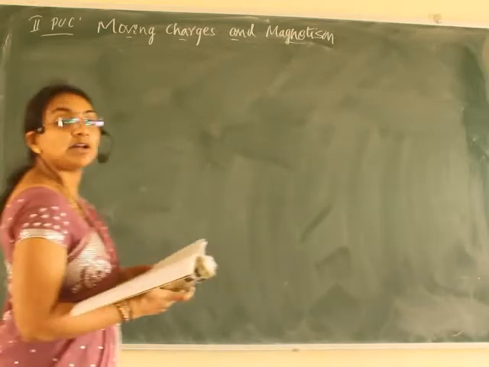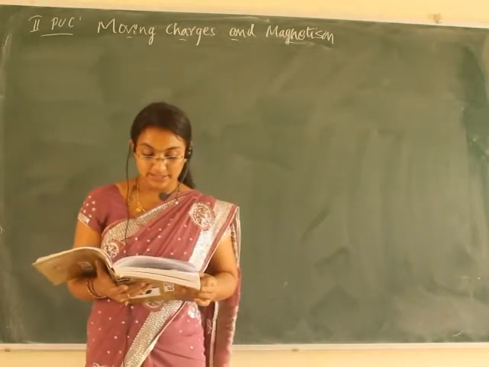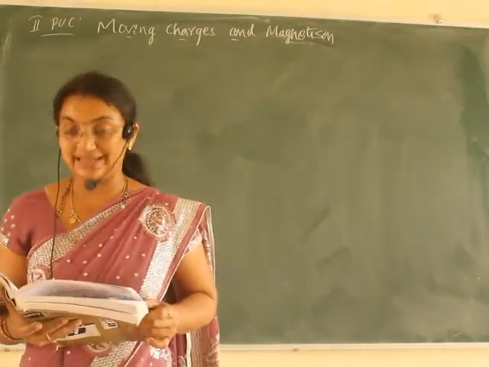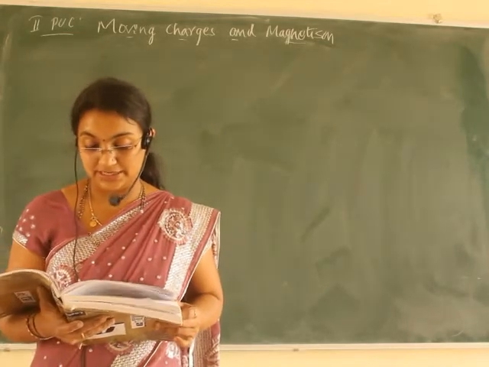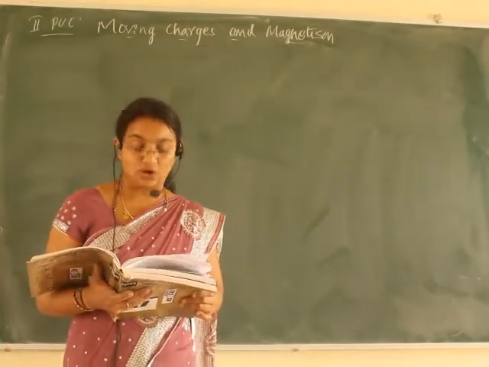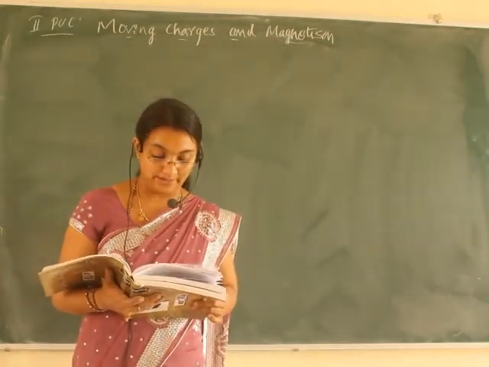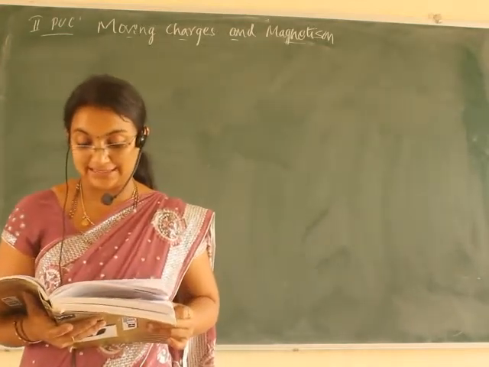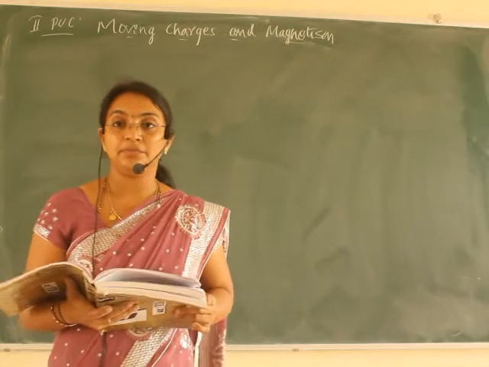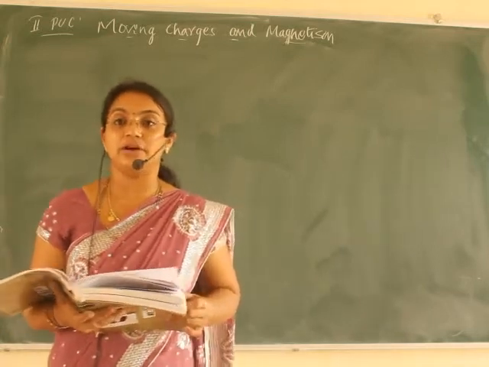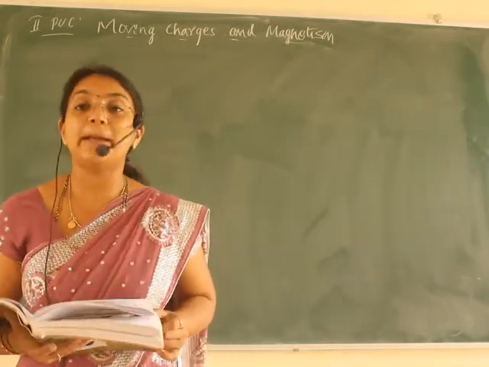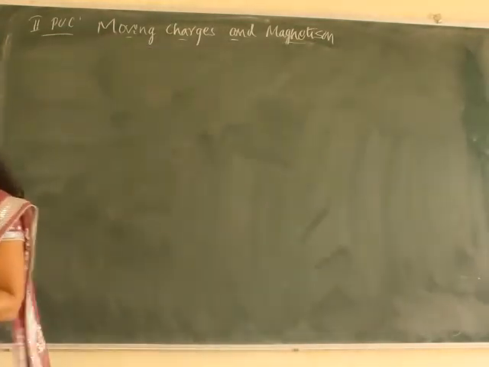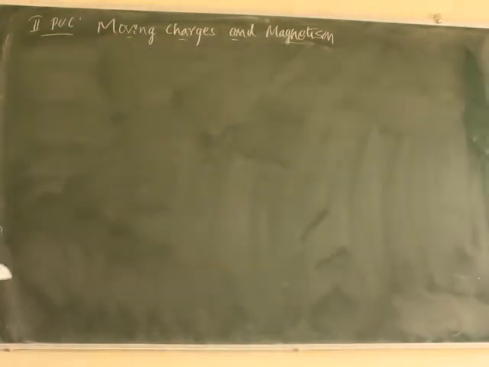A circular coil of wire consisting of 100 turns, each of radius 8 centimeter, carries a current of 0.4 ampere. What is the magnitude of the magnetic field at the center of the coil? So at the center of the coil, you have to find the magnitude of the magnetic field. So we'll see what is given.